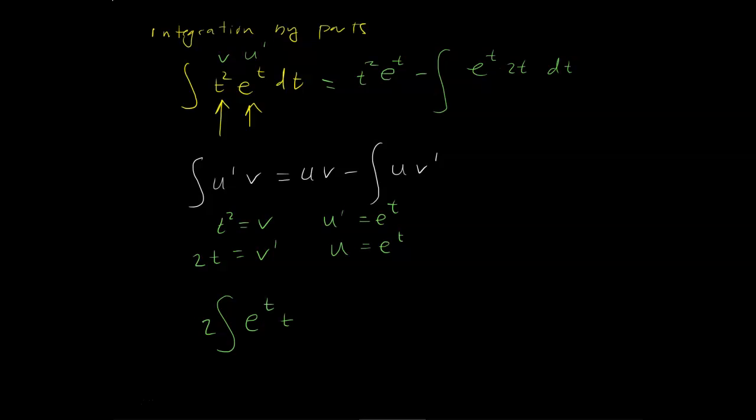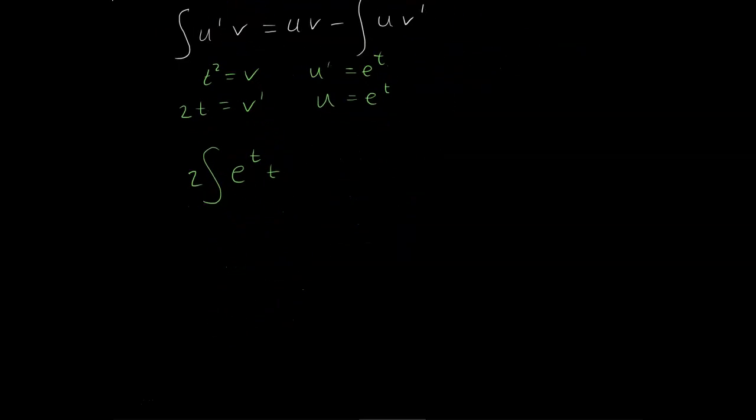So let's scroll down just a tad here and, in this case, rinse and repeat. I forgot the dt there. So using that same formula you see at the top, if e to the t is my u prime, then e to the t is also my u. And if t is my v, then 1 is equal to v prime. Taking these derivatives, I do have a 2 out in front, so I will need a 2 out in front of everything here, so that's something to remember.